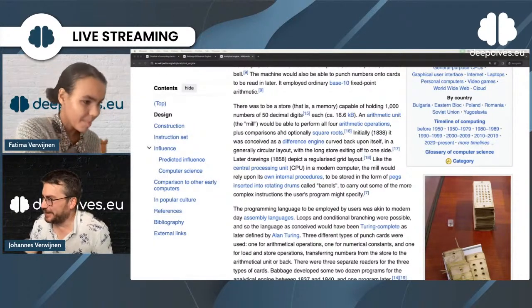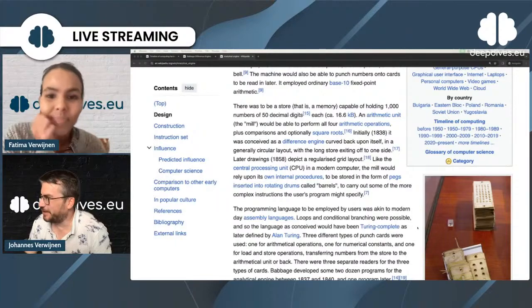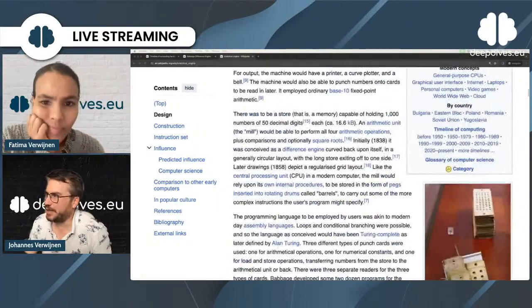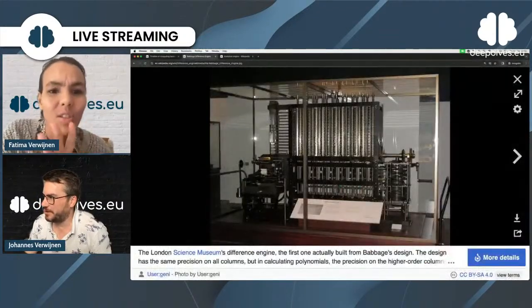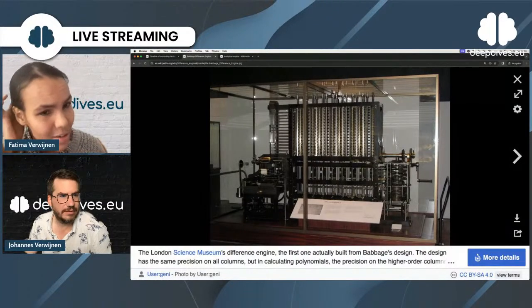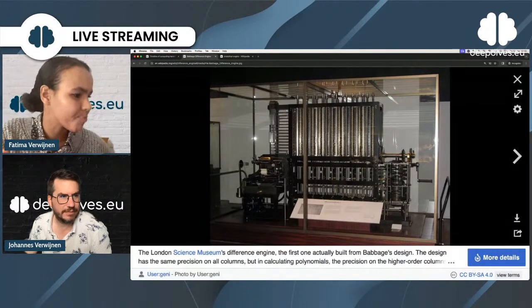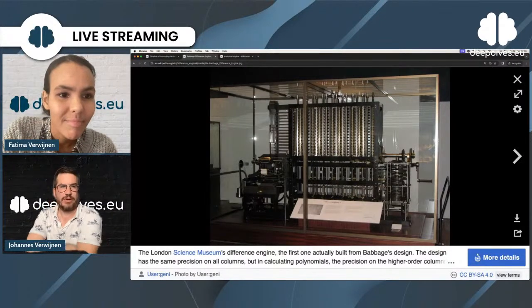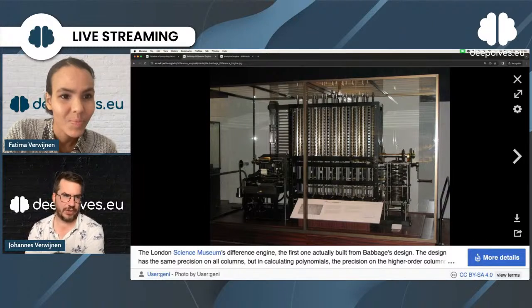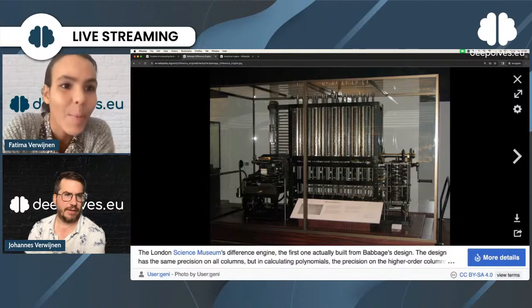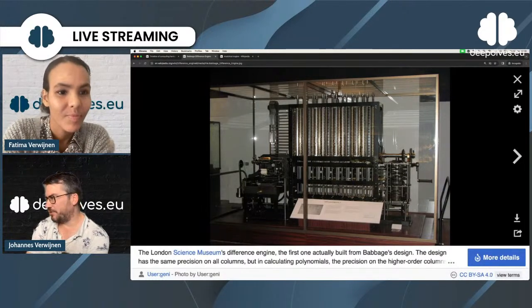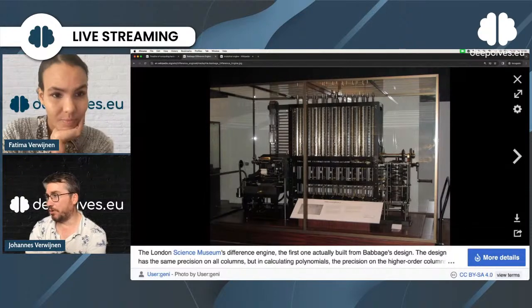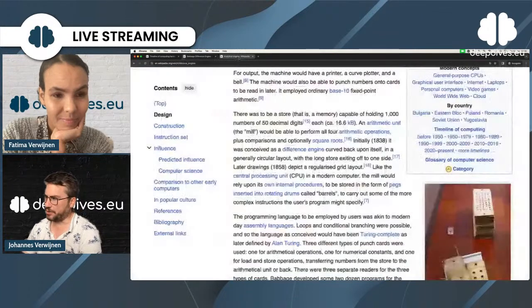This is a little bit of a longer story. We kind of started off with the difference engine, so we could start with Babbage's difference engine in the next episode, because there are lots of interesting things about it, and then go towards the analytical engine.